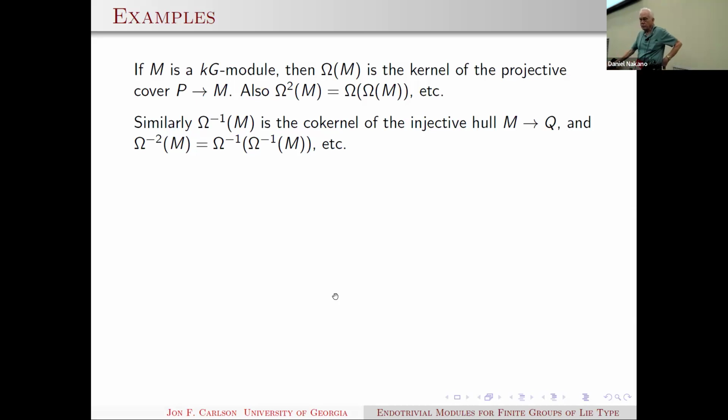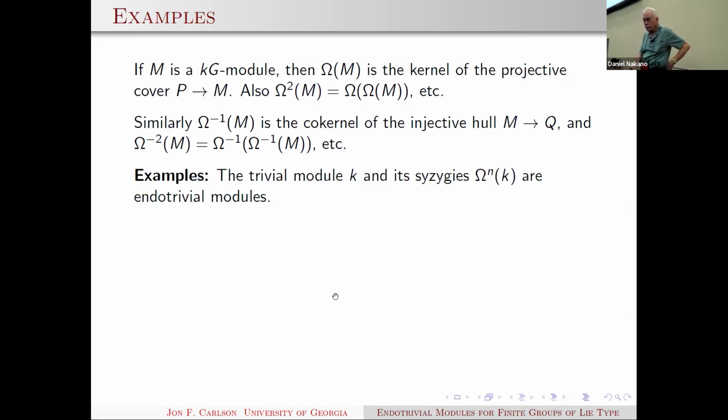The point is that kG is a self-injective ring, so injective modules are projective and vice versa, and you can go back and forth. If you've got an indecomposable module M and take omega inverse of omega of M, you get M back.